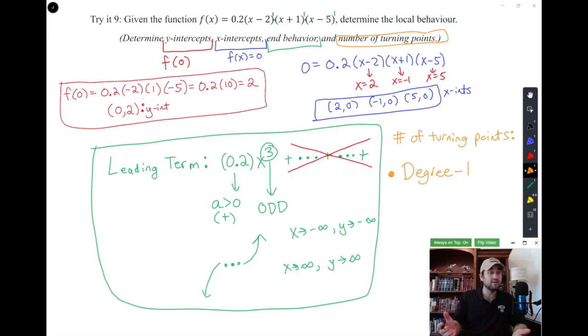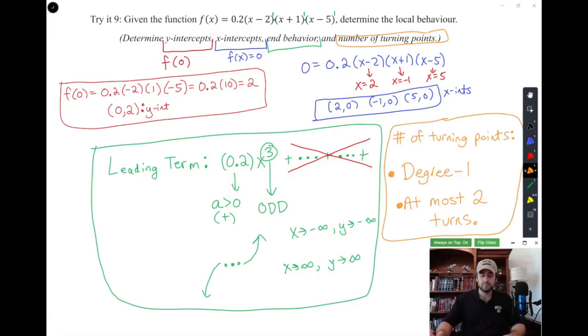It was 3. That was the odd power in the leading term. And so it has at most 2 turns. And there are the 4 things they asked us for: the x-intercepts, the y-intercepts, the end behavior, and the turning points.